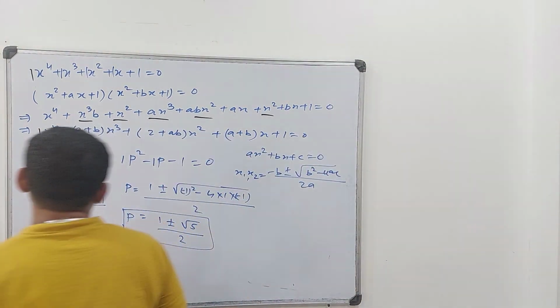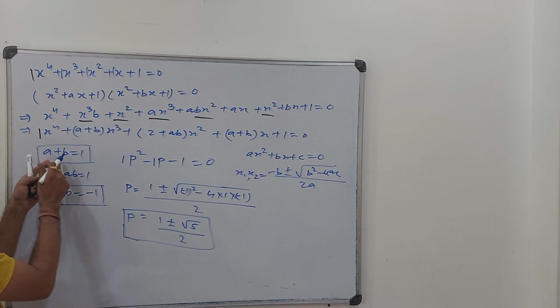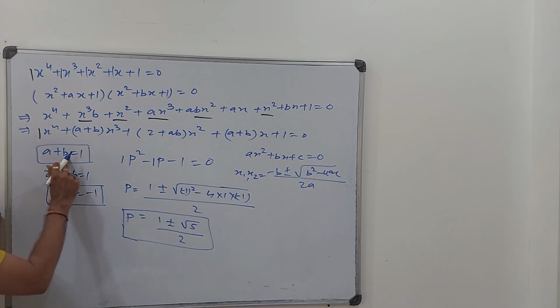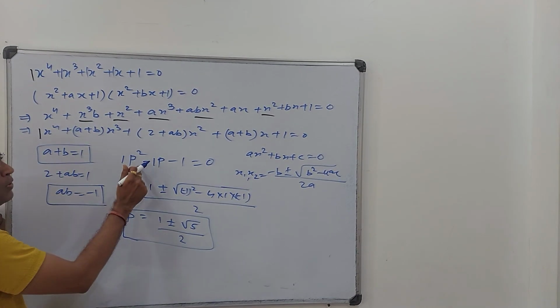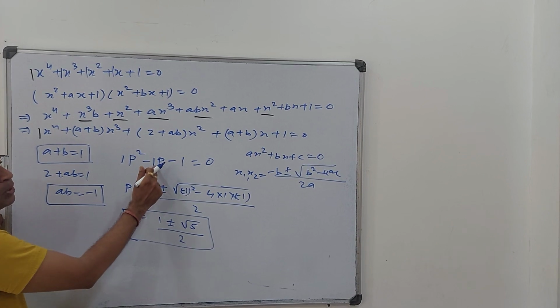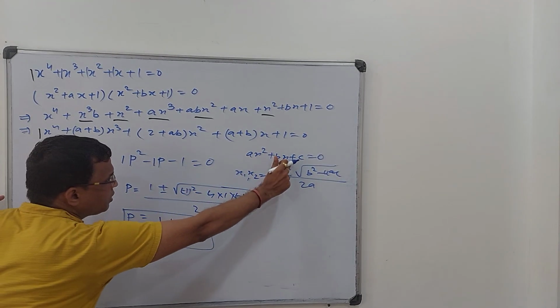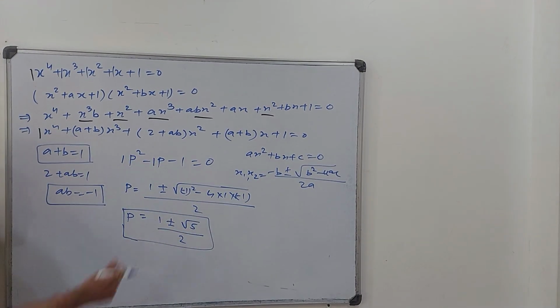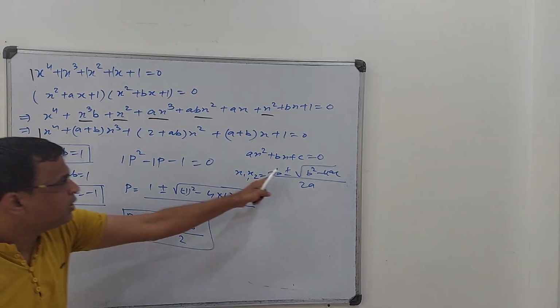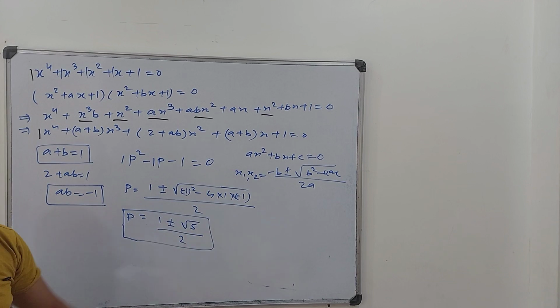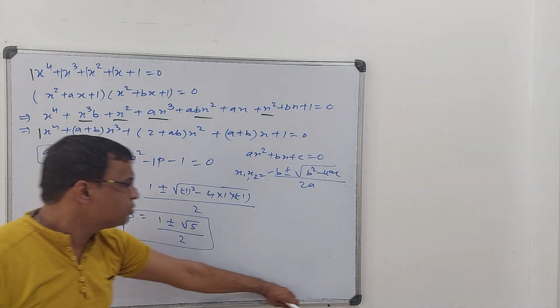Fine. So once again, see, sum of the roots was 1. Sum of the roots, a plus b, is my 0. So p square minus p minus 1. So my b value here, comparing with this, will give me minus 1 value. So minus b gives me 1 plus or minus this way. So p is equal to 1 plus or minus root 5 upon 2.